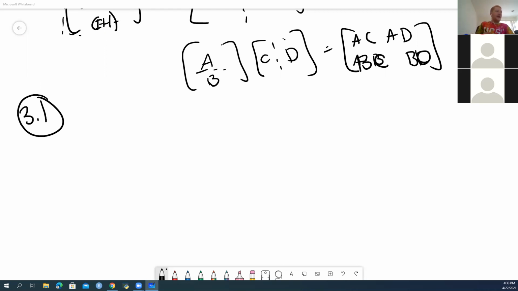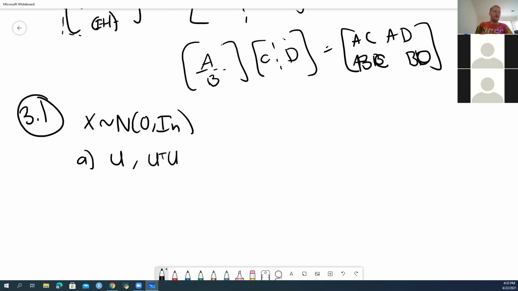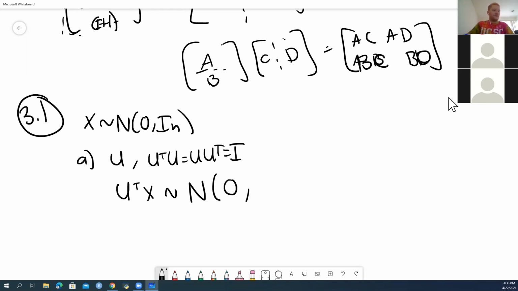In this case, we have X, which is distributed as normal, 0, I_n. Then we have a bunch of problems. First of all, they ask: if U is an orthogonal matrix, such that U transpose is equal to U inverse, which is equal to I, then find the distribution of U transpose X. Again, you just use the formula, normal, 0, U transpose I U, and then simplify.